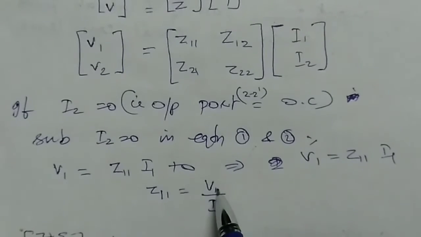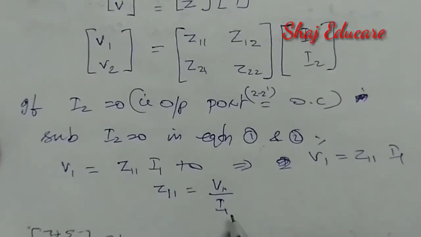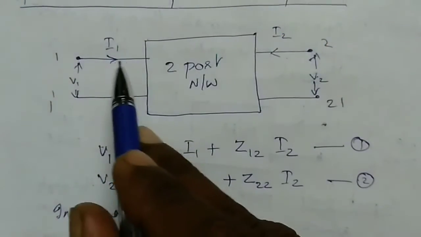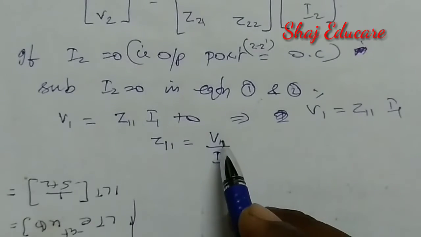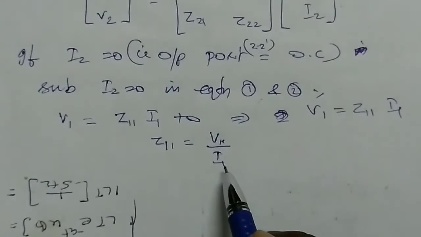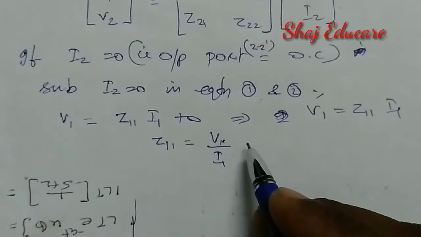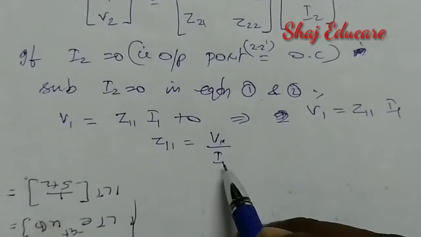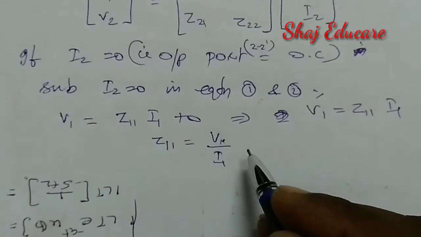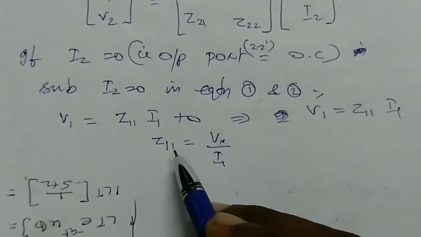What is V1? That is the voltage across the input port. And what about the current I1? That is the input current. So simply speaking, Z11 is the ratio between input voltage and input current. That is known as the input impedance. V by I, the voltage to current ratio, is known as resistance, and resistance in an AC circuit is known as impedance.